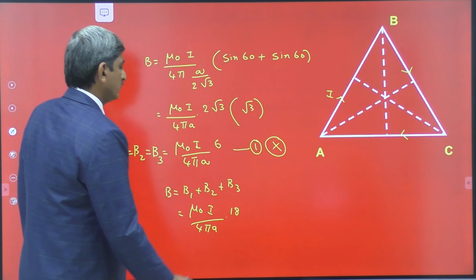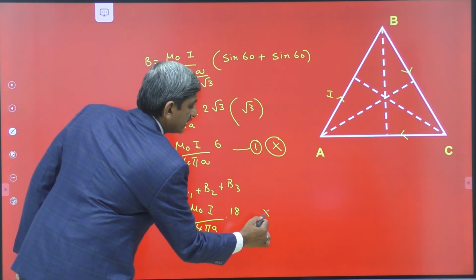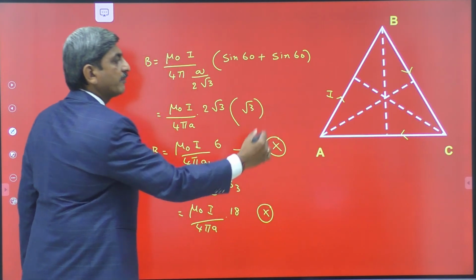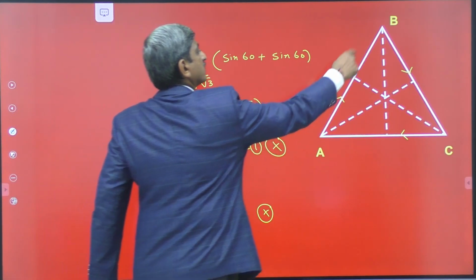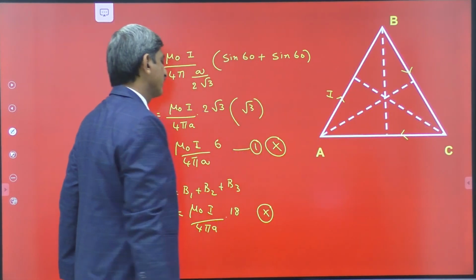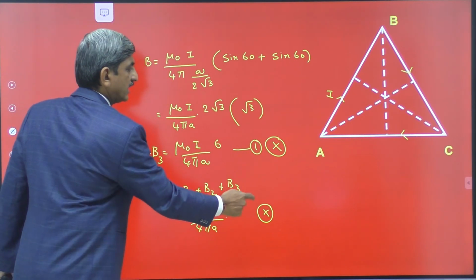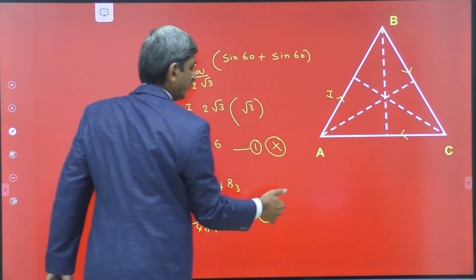Now here the magnetic field produced by the wire bent in the shape of a triangle in which the current is passing in the clockwise direction is given by this much, and the field enters into the plane of the board like this.